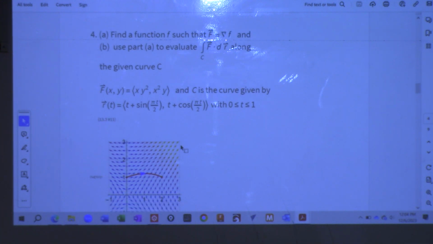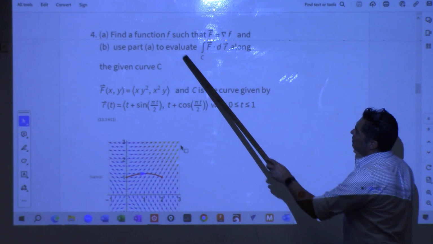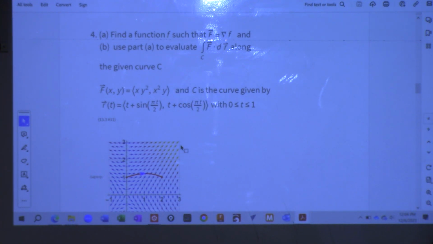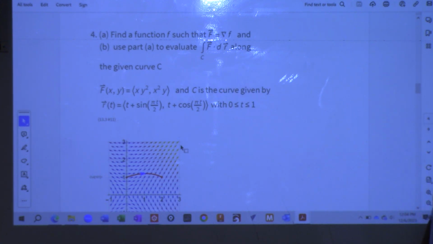This one is a little confusing because you can go down the wrong road here and waste a lot of time. So first thing I do is I say, find a function f such that the field F that I've given you down here is the gradient of that scalar function. So I'm asking you to find what we call the potential function, which we did in class.